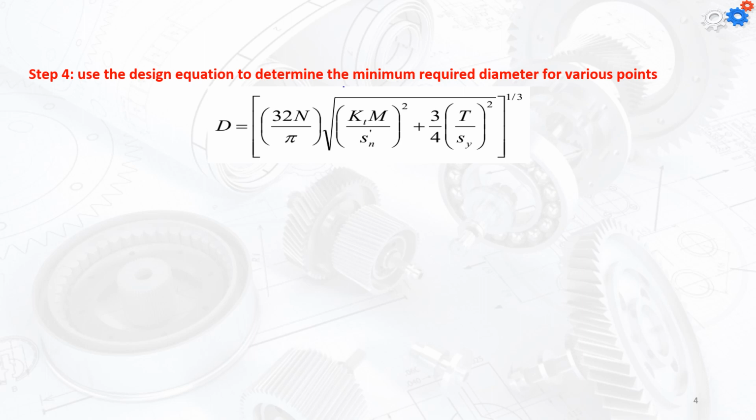And this will take in consideration the N, which is the design factor, the KT, which is the design factor as well, and we have the M, which is the bending moment at this point, the Sn prime, the value for the T, which is the torque, the Sy, which is the yield stress. Okay, so you will remember that some of the sections do have torque, others don't. And that's what we're going to consider in our design in this next step.